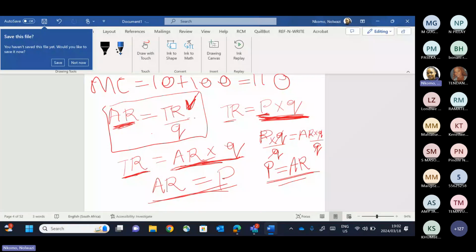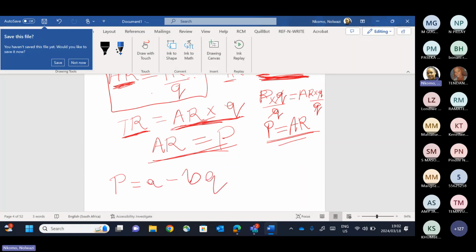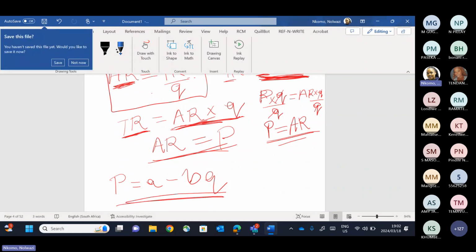If the demand function is P equals A minus BQ, we can use this to find the average revenue. This is the function used to represent the demand.